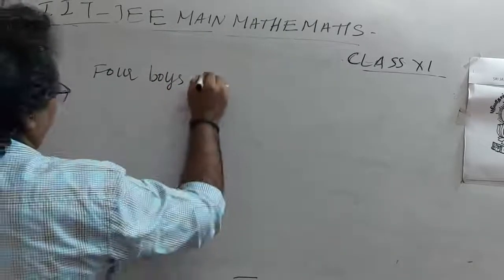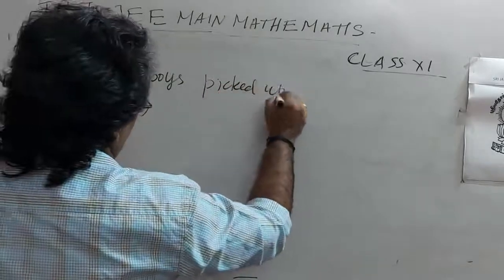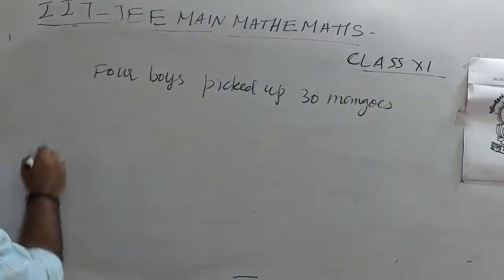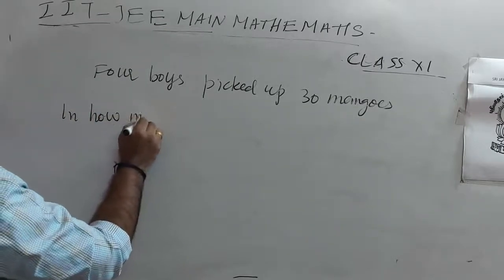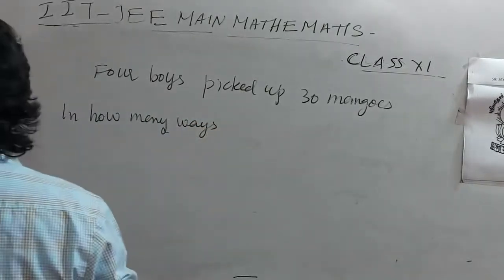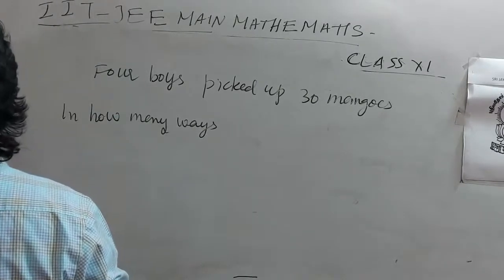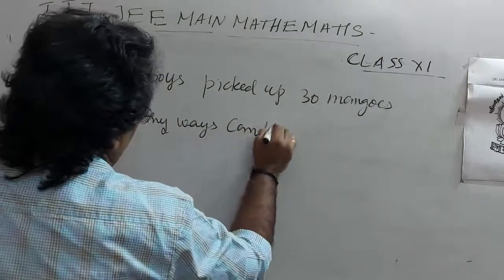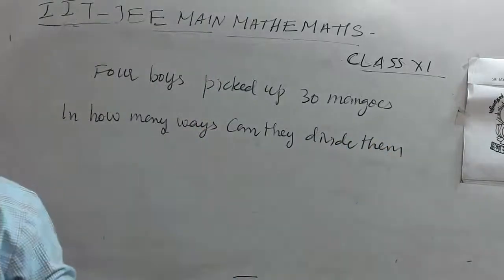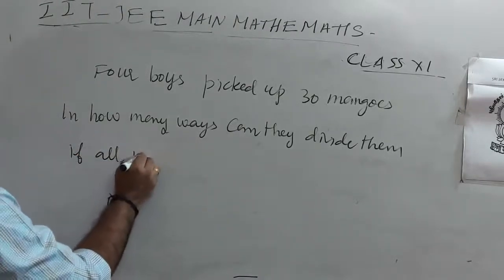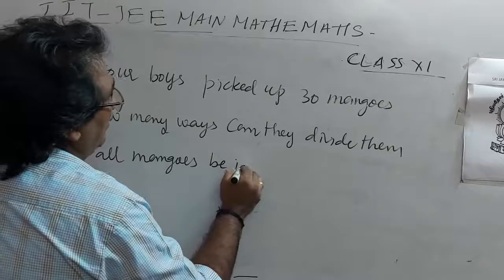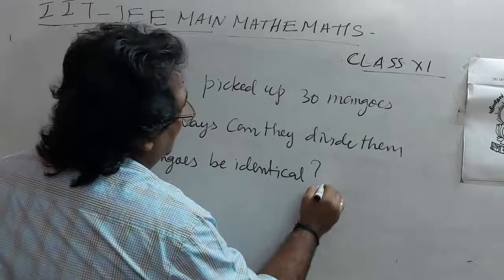Four boys picked up 30 mangoes. In how many ways can they divide them, if all mangoes are identical?